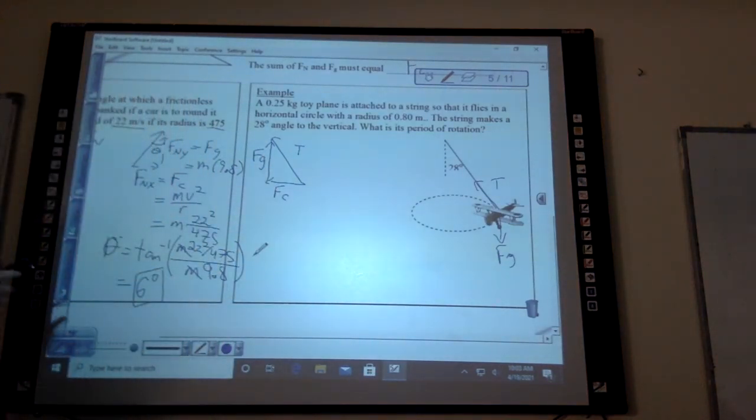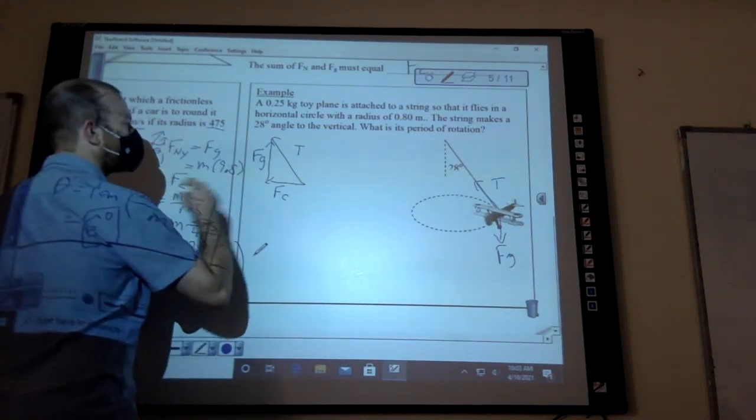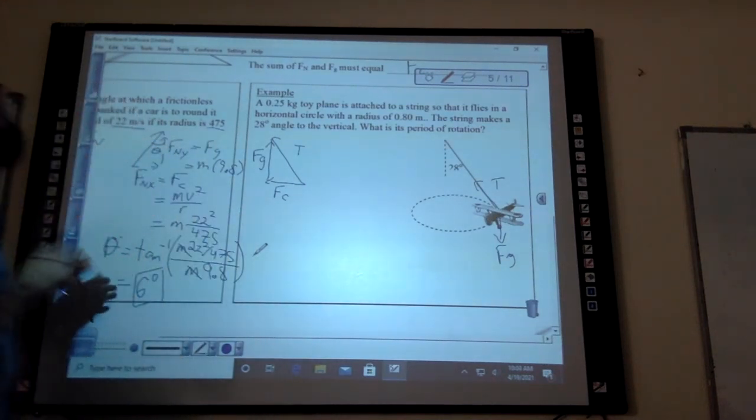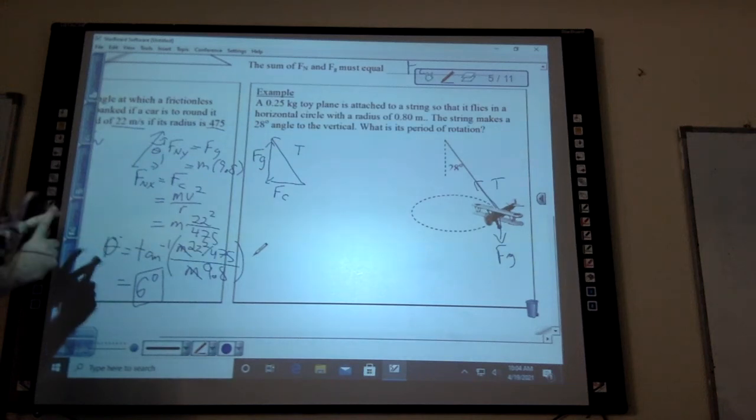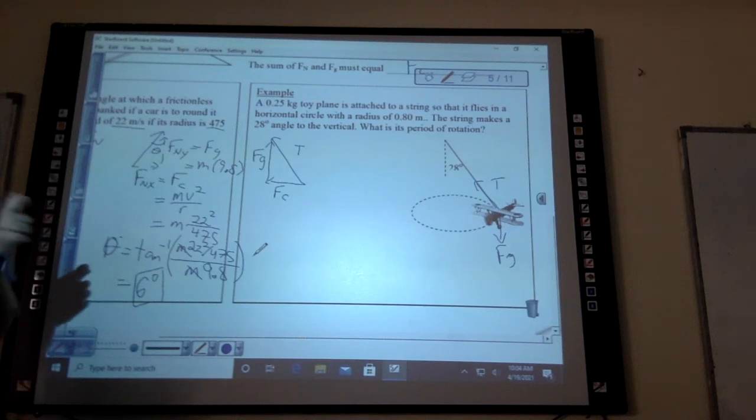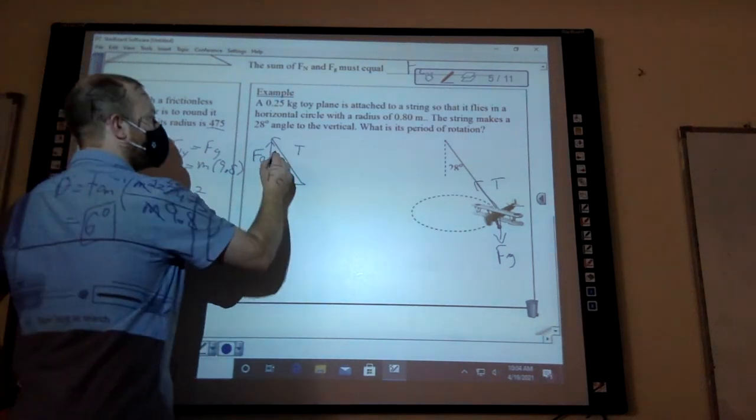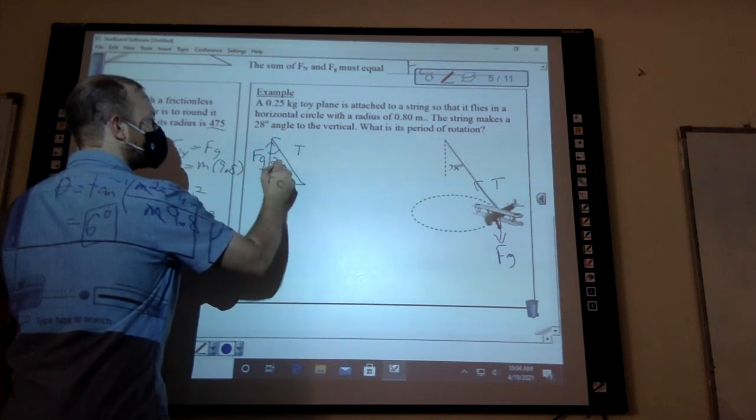This is not technically how it should be, but we'll do it like this. We can calculate Fg, right? We can calculate Fc. We don't really care what tension is, so we don't need to solve for tension. And that's the most convenient part of this. We know this is 28 degrees.